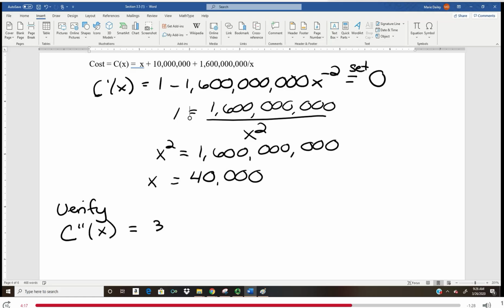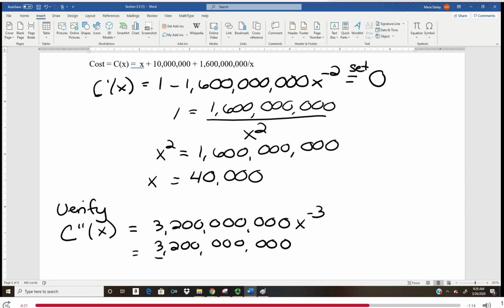So we're going to take the second derivative, and these numbers are huge. That'll be X to the negative third power, which is then 32 lot here, over X cubed.